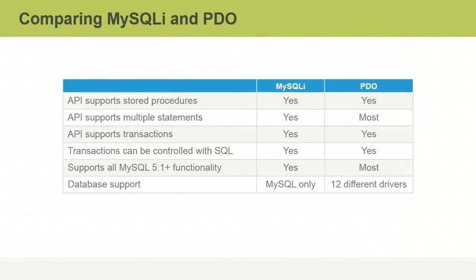Database support: for MySQLi, it is only MySQL, whereas PDO supports 12 different drivers. This is the major difference between MySQLi and PDO: PDO supports 12 different drivers, whereas MySQLi only supports the MySQL database. So in this session, we compared the two methods of connecting PHP with MySQL, that is MySQLi and PDO.